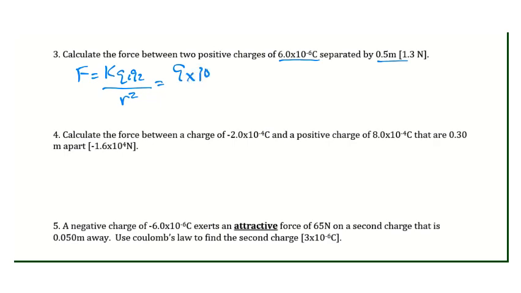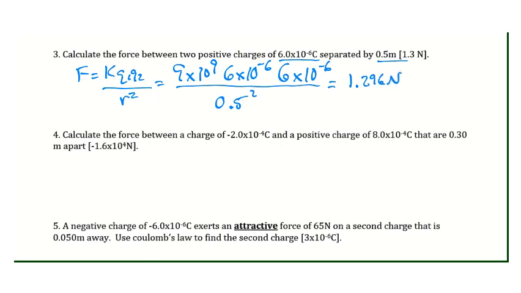So that's going to be 9 times 10 to the 9 times 6 times 10 to the negative 6 times 6 times 10 to the negative 6 all over 0.5, and that's squared. So we'll go ahead and plug that into our calculator, and when we do, we get 1.296 newtons, which I've rounded here to 1.3 newtons.